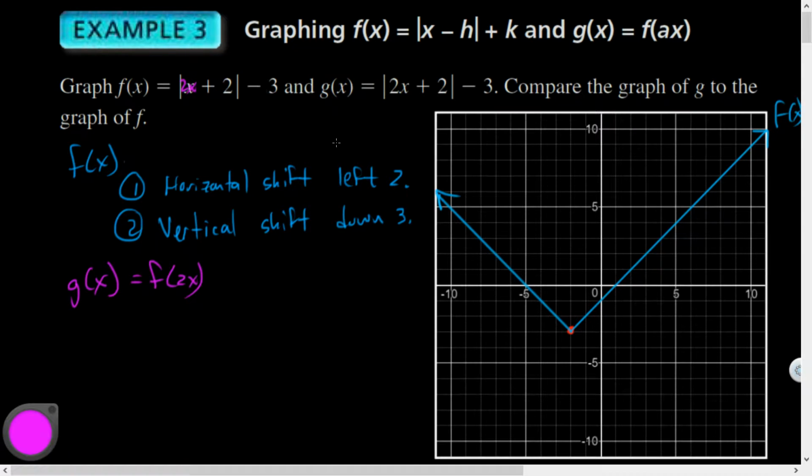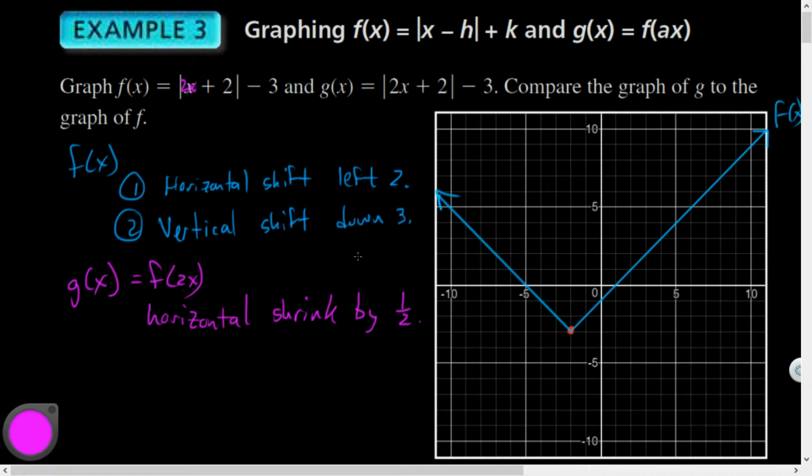You guys agree? And since it's f of 2x, that means compared to function f, it will be a horizontal shrink by 1/2, because the 2 is on the inside.